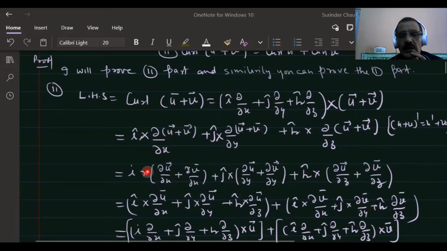Now rearrange these terms. After rearrangement, the u terms will be separate and the v terms separate.